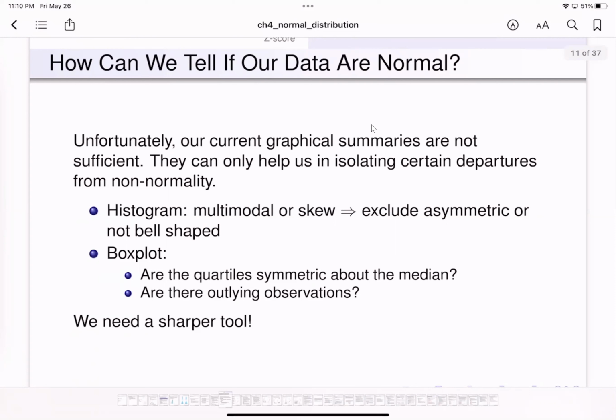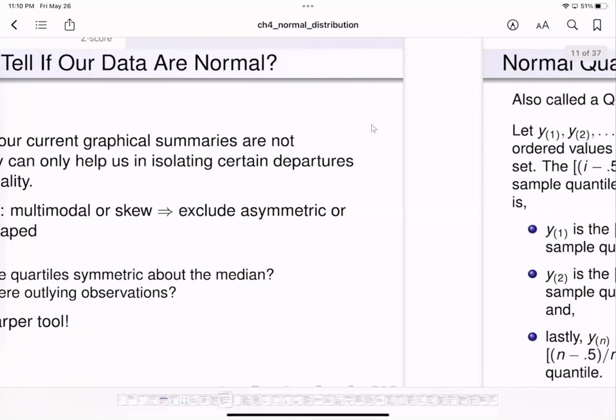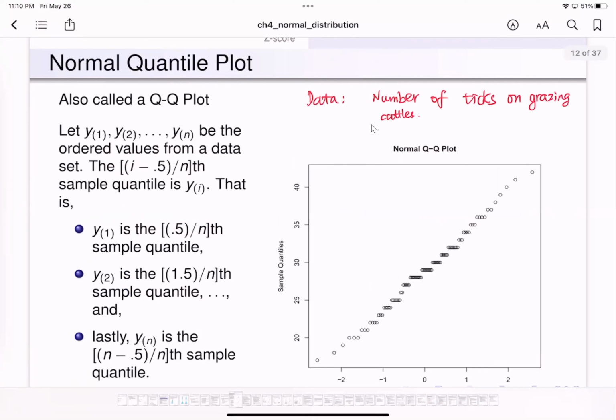We cannot tell whether the data actually have the normal distribution or come from other symmetric bell-shaped distributions such as the t or logistic. So instead of a histogram or box plot, when we try to assess if data comes from a normal distribution or not, we use the normal quantile plot. Here is an example of the normal quantile plot. The data is the number of ticks on grazing cattle.